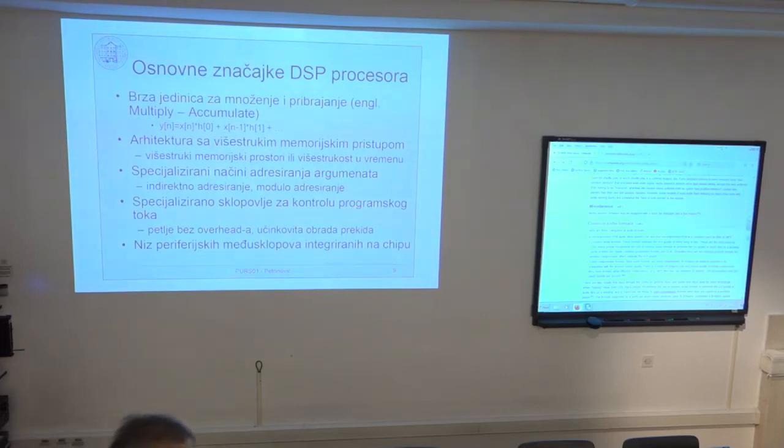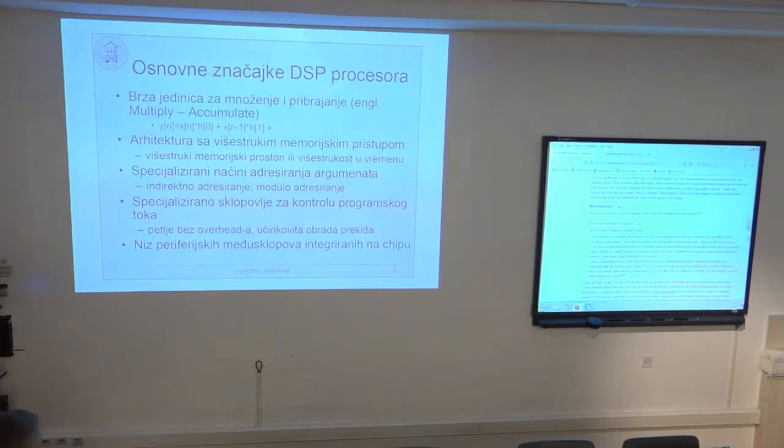If I want to implement a finite impulse response filter, I need to fetch the filter state, which is actually the delayed input sample value, delayed by 0, by 1 sample, by 2 samples, and so on. So these are the states of the FIR filter, and I want to fetch the coefficient of this filter. And once I have these 2 values, I multiply and accumulate this set of products.